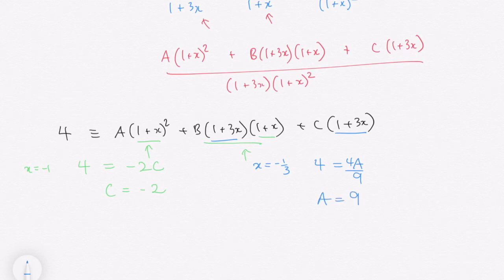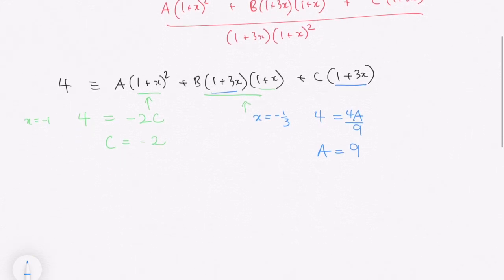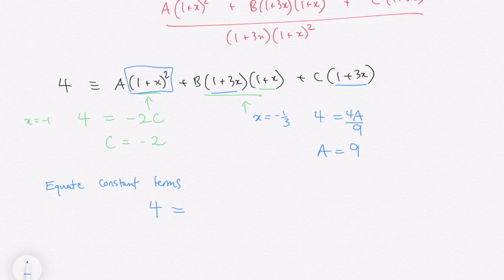And then to find the value of B, we can either substitute in some other value of x, or we can equate coefficients. I'm going to equate the constant terms. So on the left-hand side, the constant term is 4. On the right-hand side, we would get a 1 by expanding out here. We'd multiply that by A, so we get a constant term of A. Here again, the constant term is just going to come from 1 times 1.